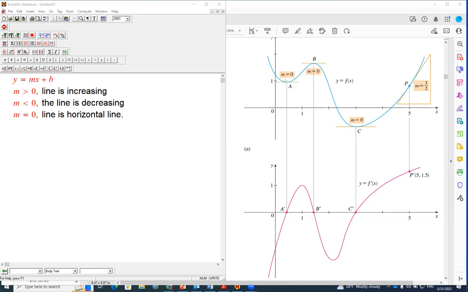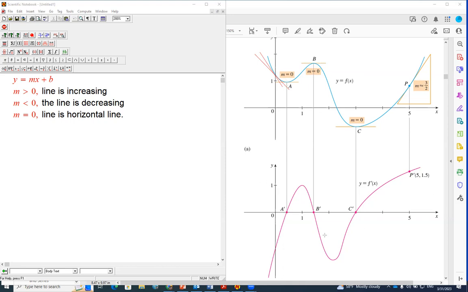And before it reaches 0, if you draw a tangent line, this tangent line is decreasing. The slope is negative. So we have a sequence of decreasing tangent lines, and the slopes are negative, meaning that at a point A, the slope is going to be 0.